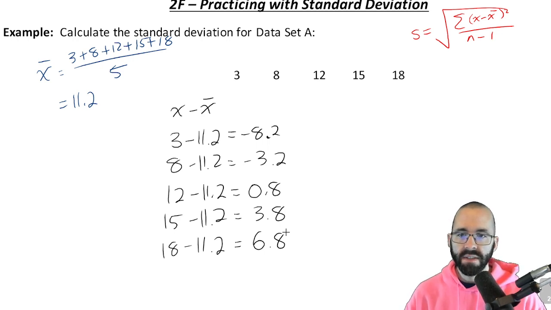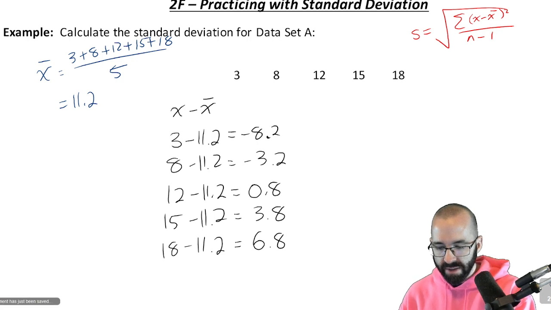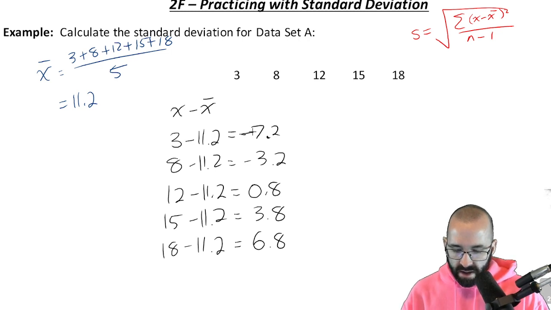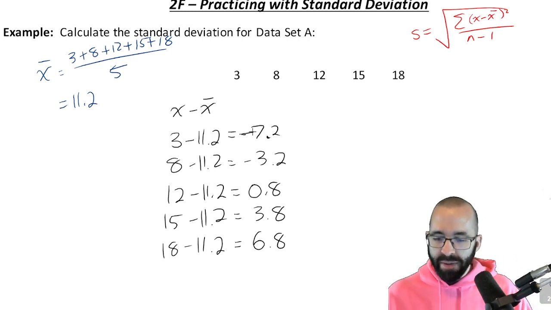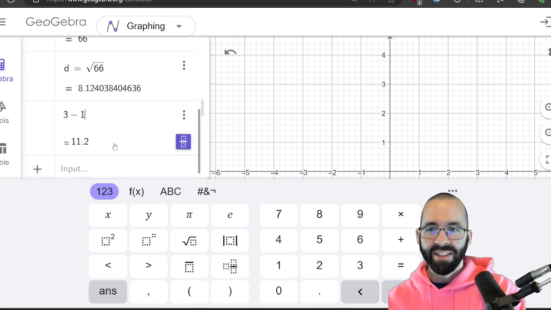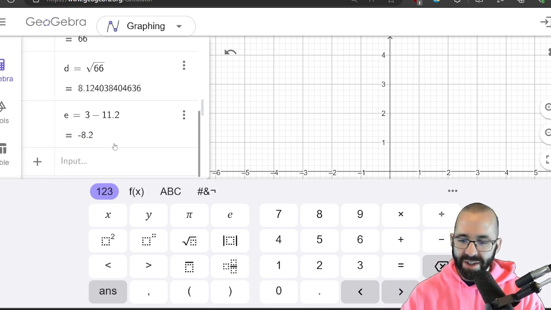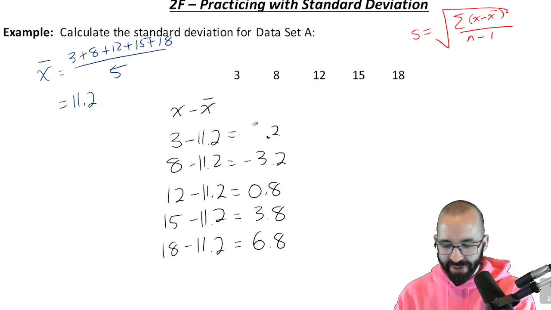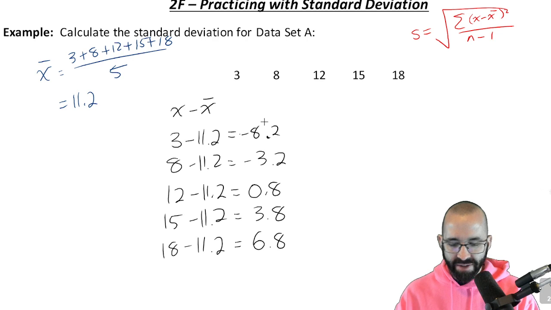All right, this is negative 7.2, I think. No, all right, 3 minus 11.2. This is why you don't do numbers in your head. All right, it was negative 8.2. Great. Just checking whether you're paying attention or something.